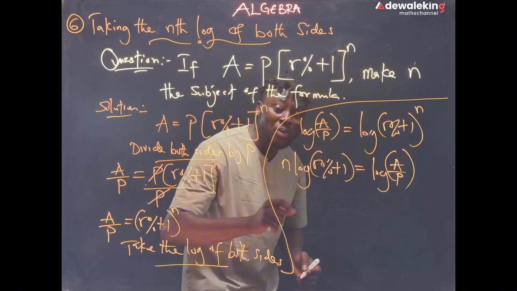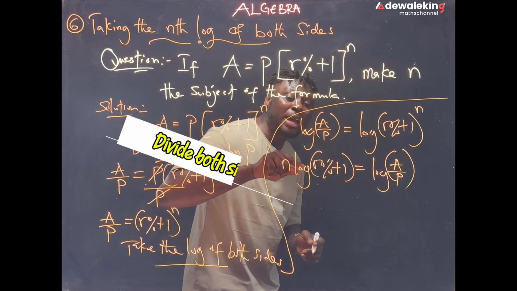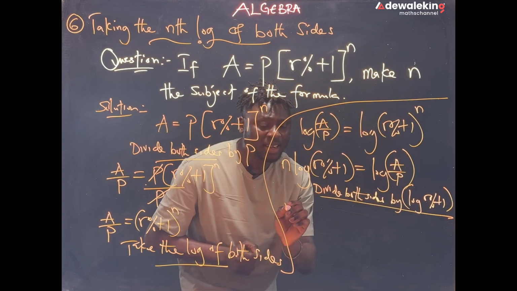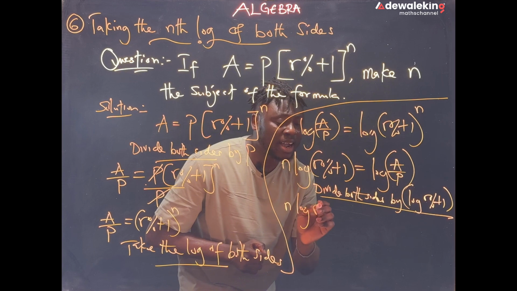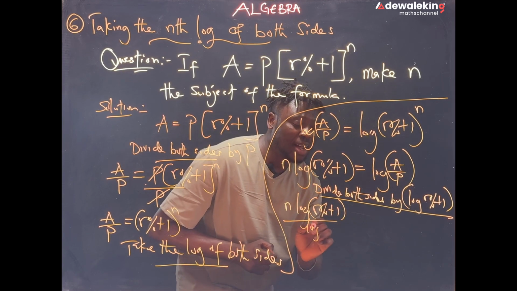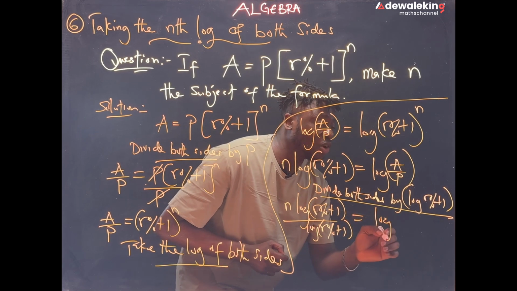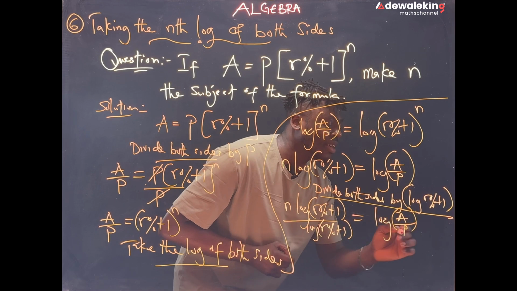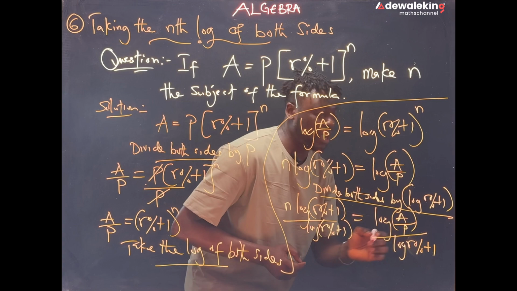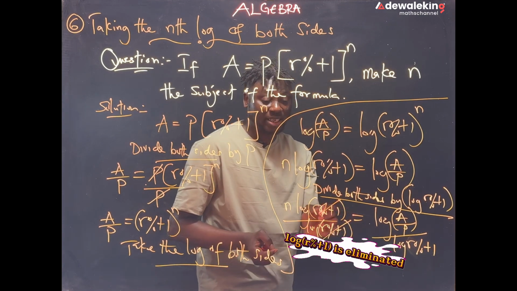So from here, we can divide both sides by log (r percent plus 1). So this will be n log (r percent plus 1) divided by log (r percent plus 1), which is equal to log A over P, then log (r percent plus 1). So this will cancel this.